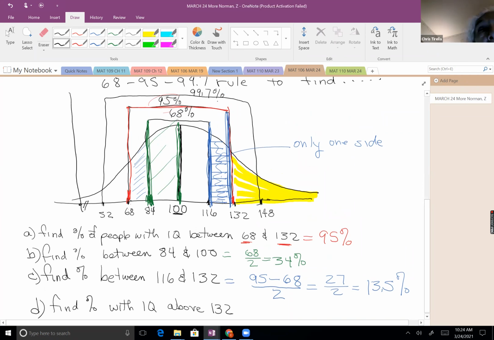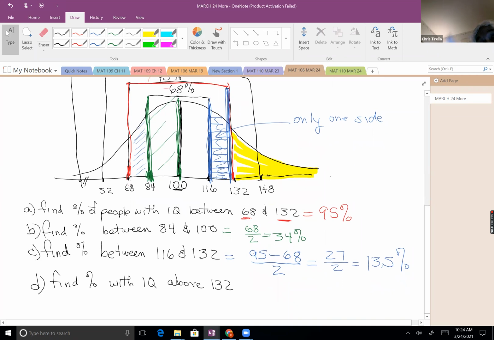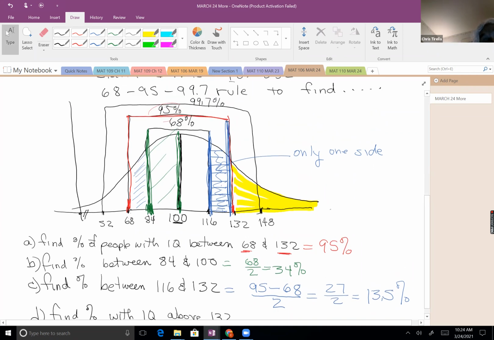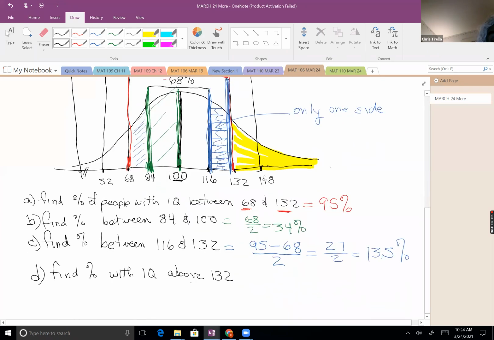So I'm not going to subtract from the 99.7. If I want everything above a value, I want the rest of the population. At 132 is my 95%. But when I see that word above, I'm going to take the difference from 100. And again, because I'm only on one side, I'll divide by 2. So that would give me 5 divided by 2, or 2.5%.